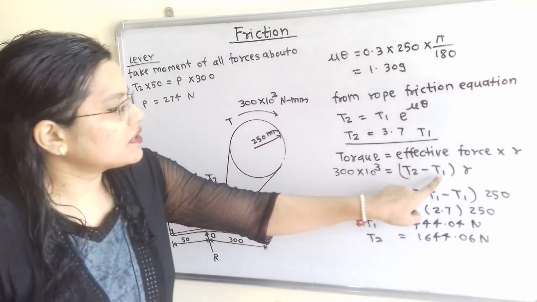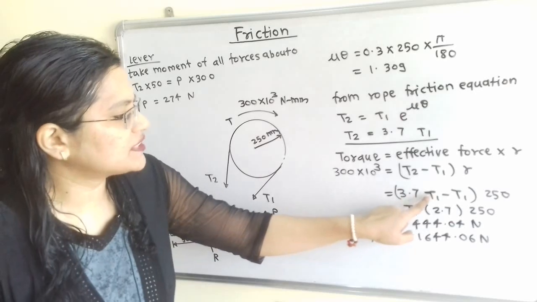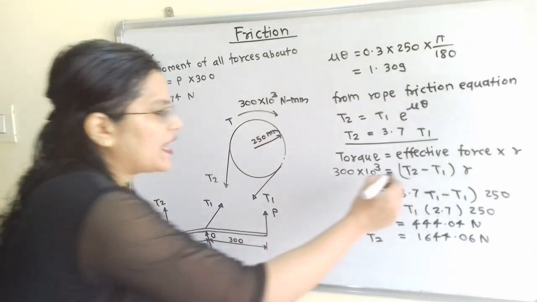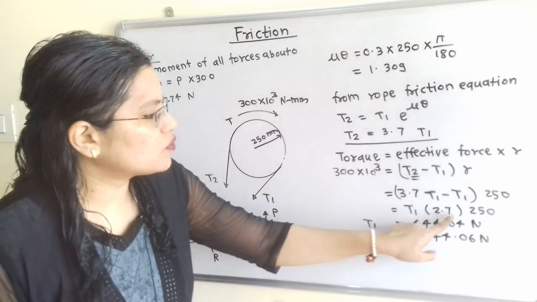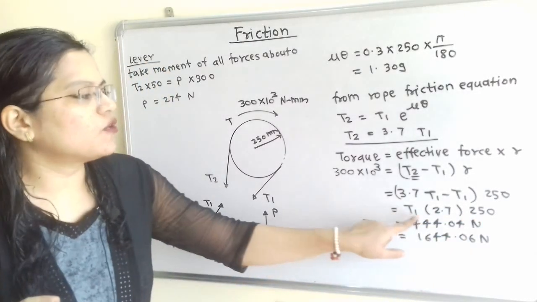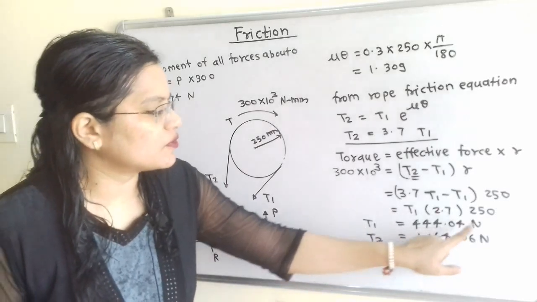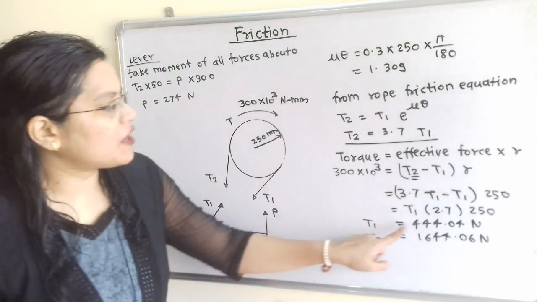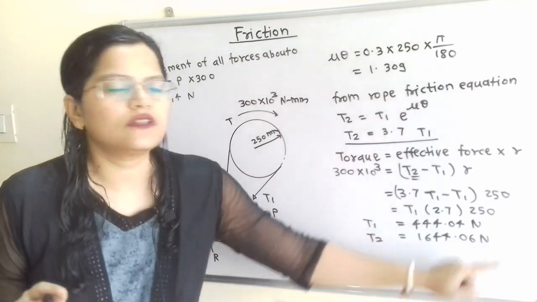So if we put this value of T2 in terms of T1, that is 3.7 T1 minus T1, we have to replace this T2. Then we will get here T1 into 2.7 into 250, then only one unknown term, that is T1, and T1 is equal to 444 Newton. And from this value of T1, if we put here, then we will get T2 1644 Newton.